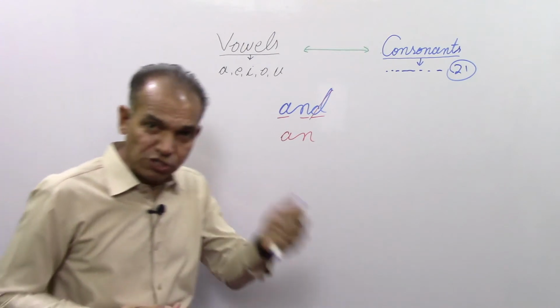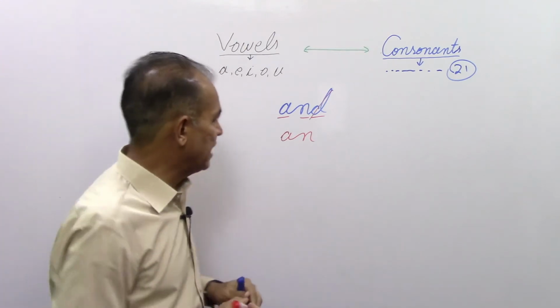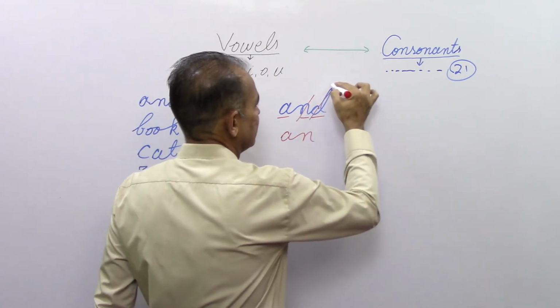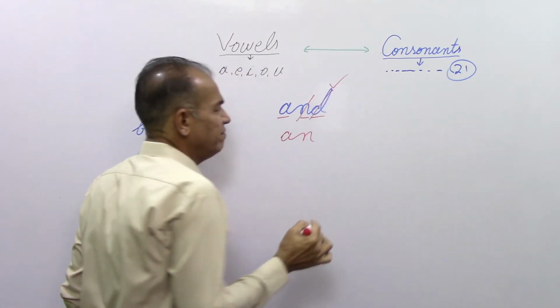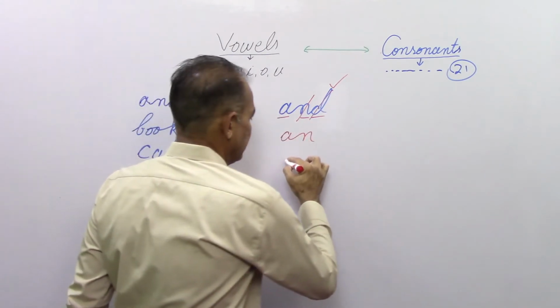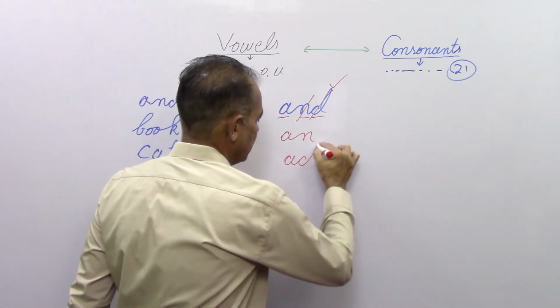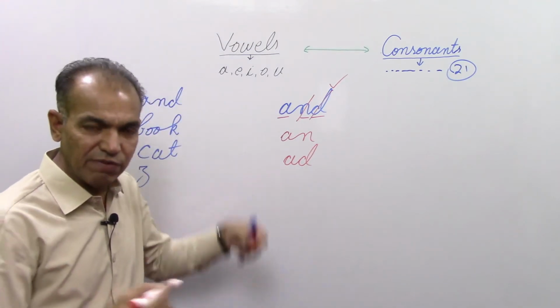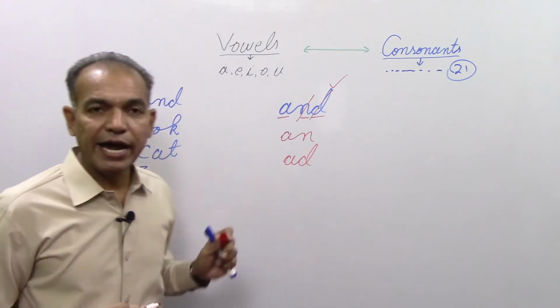You have produced a sound. In the same way, for example, I remove N and I leave D. Now there are two letters, A and D. If I ask you to read these two letters collectively as a word, you will read add.